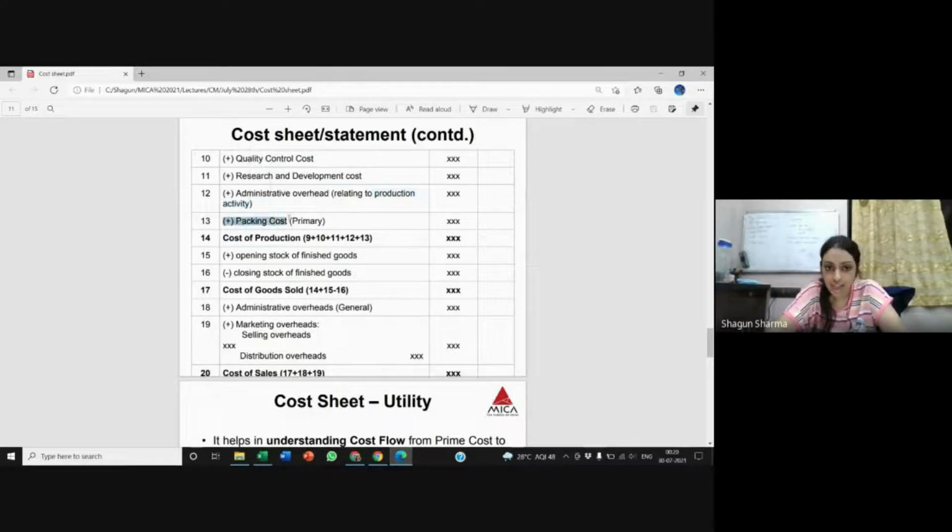And to this, I add my packing cost. Now, again, here there is a disclaimer that this is my primary packing cost. So, sometimes there are certain fancy packages that the product comes in, and those are for promotion purposes. So, those are counted as a selling cost. But basically, to produce my unit, also I need, like for medicines, the main bottle that becomes part of my production cost itself, right?